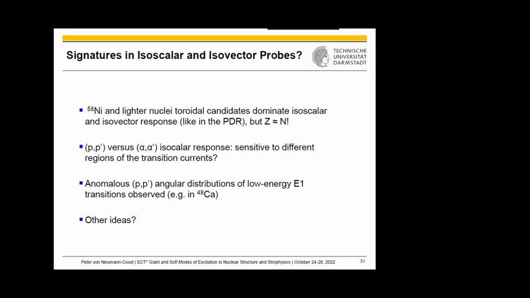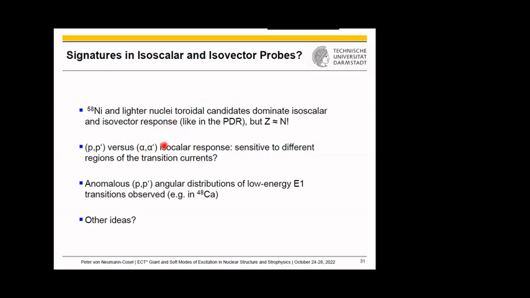One thing I want to point out is if you look at nickel-58 and also some other lighter nuclei, which are typically N roughly equals Z, these candidates for the toroidal mode actually are strong in the isoscalar and in the isovector response, as I showed you for nickel-58.